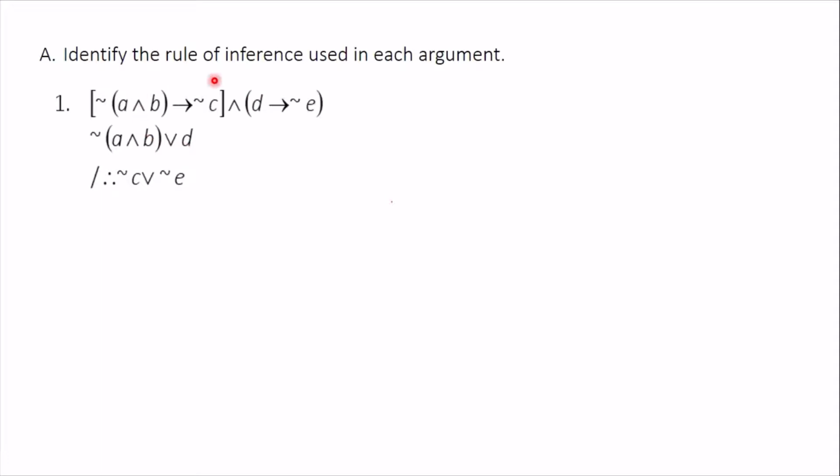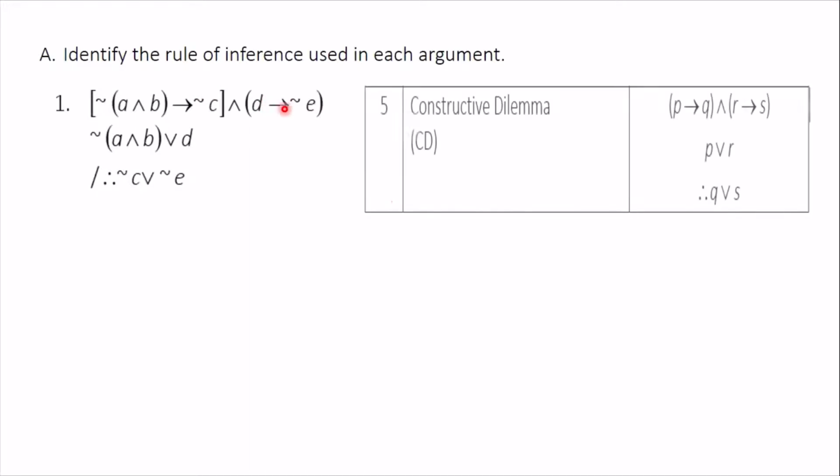So, ang naiisip natin dyan, pagka meron tayong conjunction ng dalawang conditional statements, ay yung constructive dilemma. So, naka-arrive tayo ng conclusion na not C or not E because the two premises are in the form of constructive dilemma.